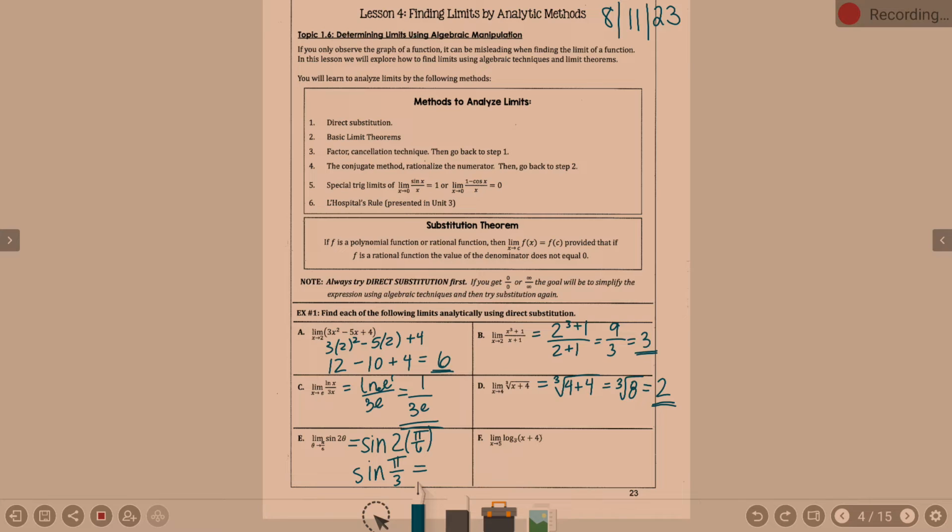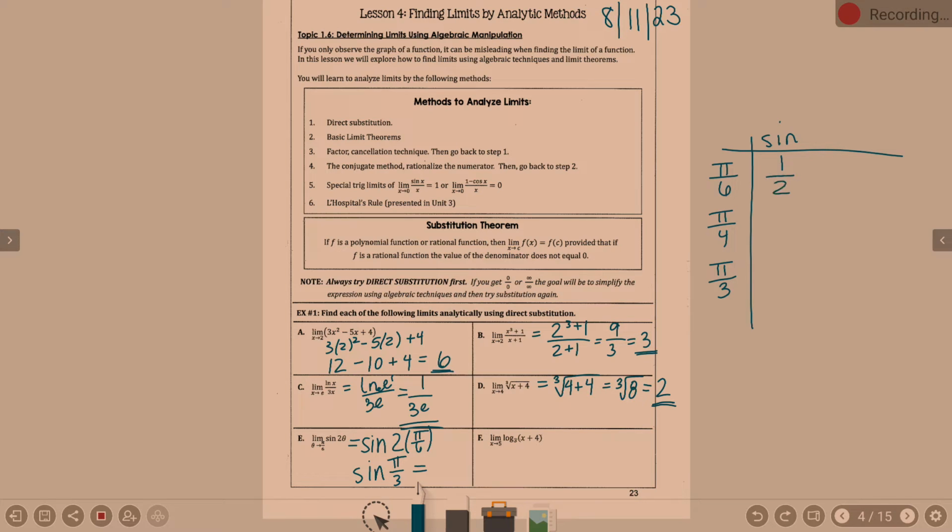It's either 1/2 or square root of 3 over 2. Here's my chart, right? It's 1/2. If you remember that, because what goes in this first box?